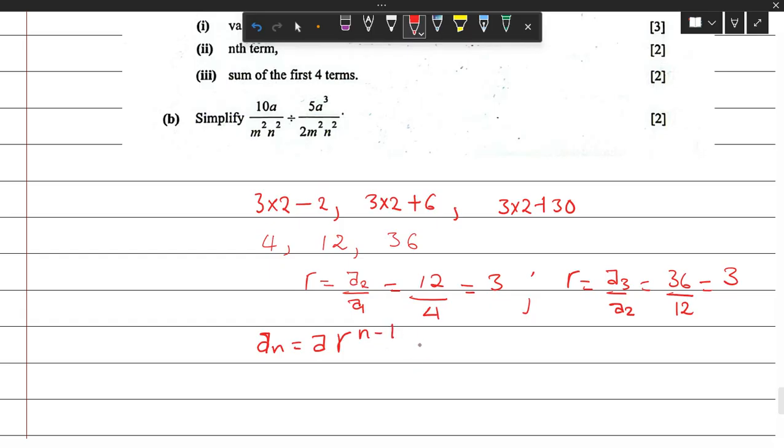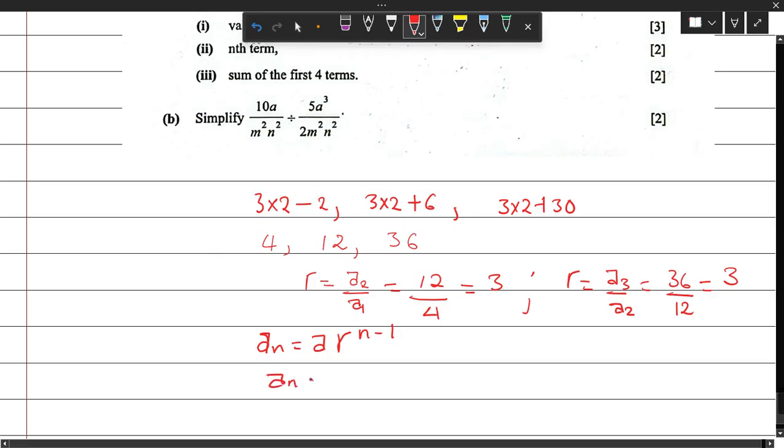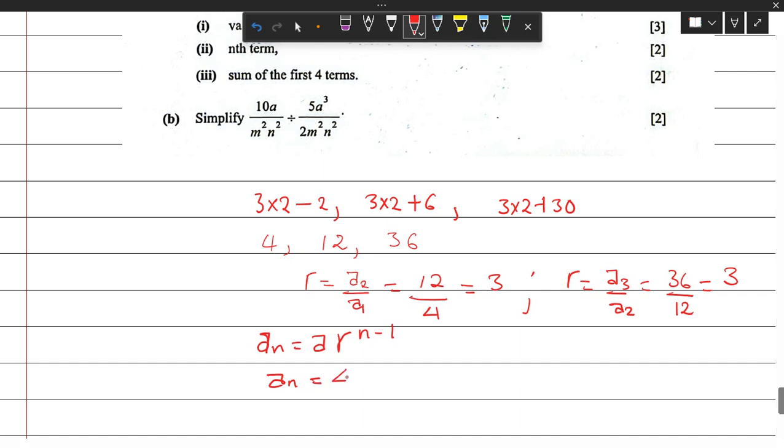So for the formula for the nth term, we just substitute the common ratio and the first term. So our nth term, a nth, since we don't know where this series is ending. Our first term is what? 4.